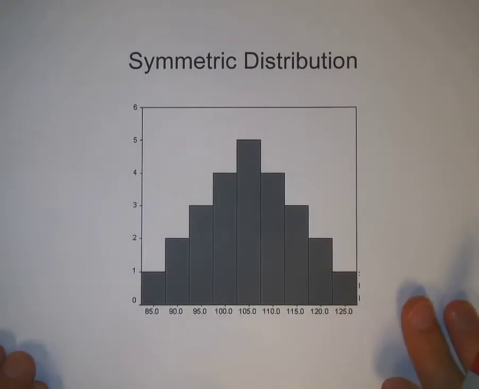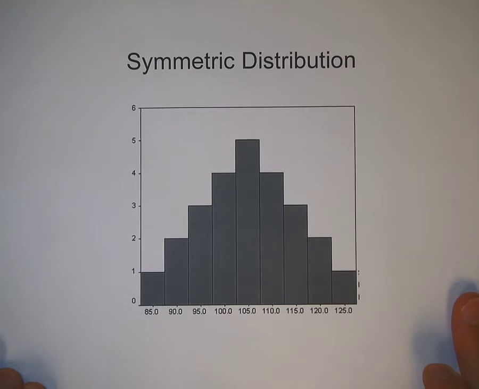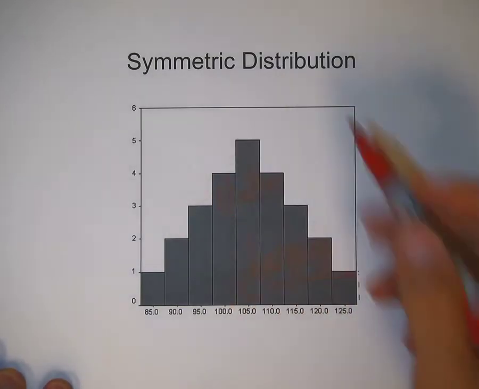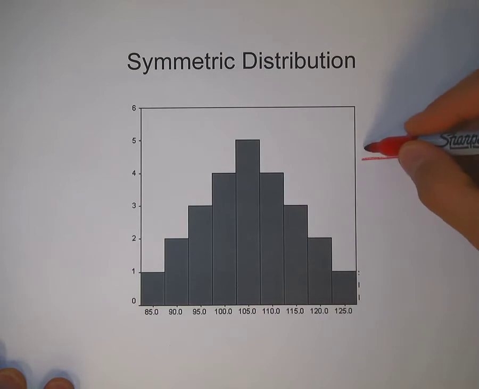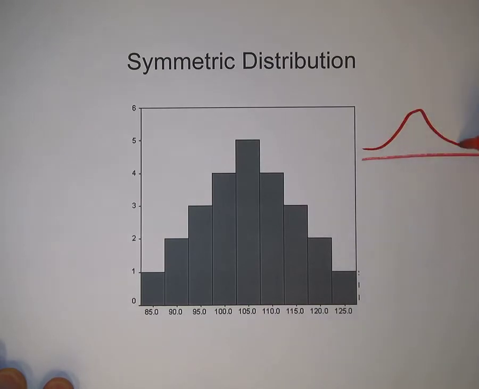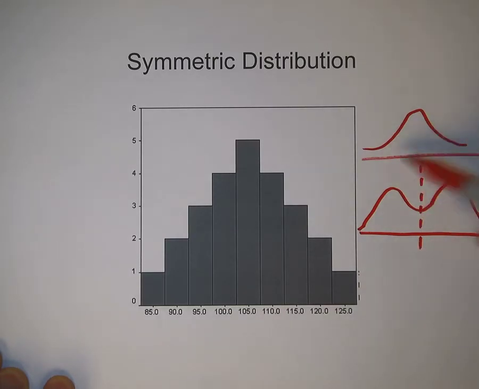Okay, so another way to think about a symmetric distribution, if we're dealing with a histogram like this, this would be a perfectly symmetric distribution. Generally, a bell curve is symmetric. Sometimes, though, you can have distributions that are symmetric but don't necessarily have to look like this.